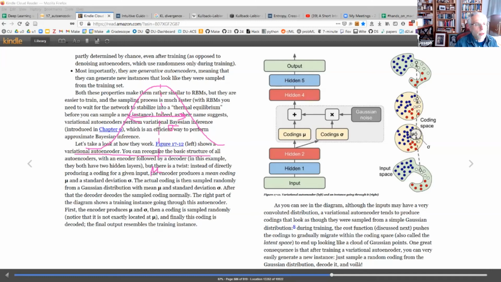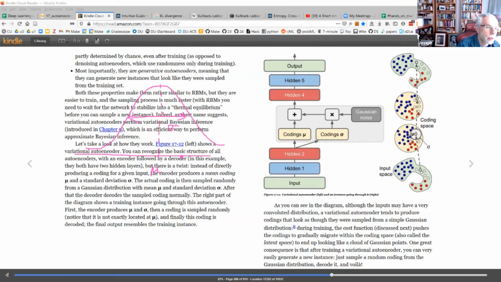To sample from the Gaussian distribution means you choose a sample along here, and it's going to be mu plus some draw scaled by sigma. If the standard deviation sigma is 1, then you draw from a distribution with standard deviation 1, and you'll get something that's maybe a half, or it could be 2, or 0.75 or whatever. Then you add that to the mean, and that gives you a sample. That would be one sample.